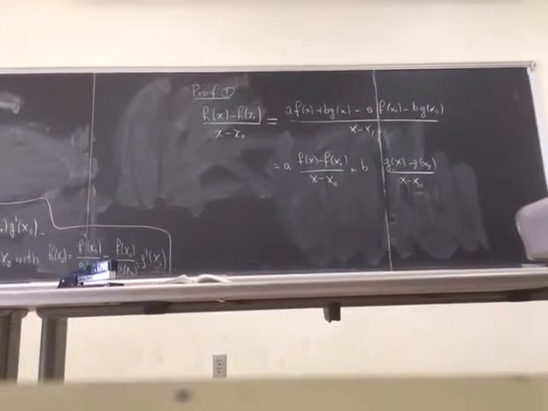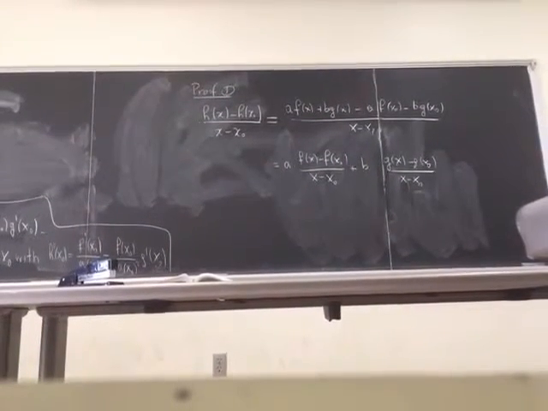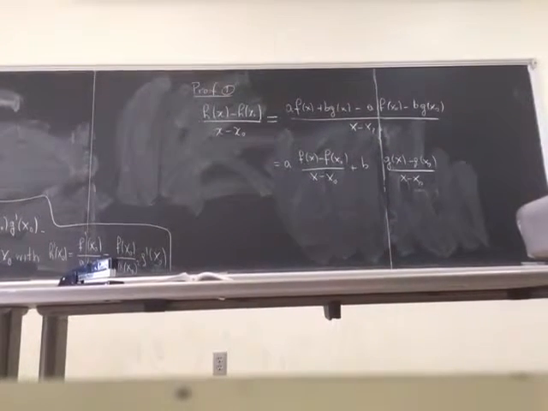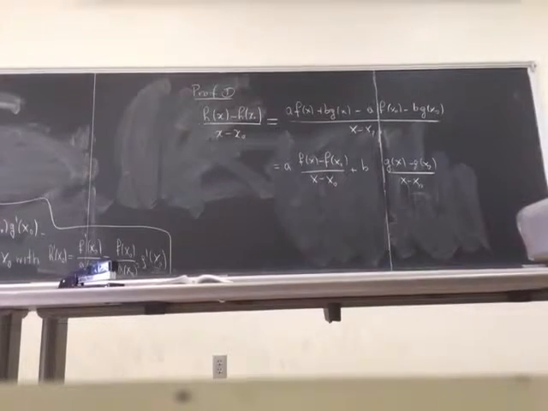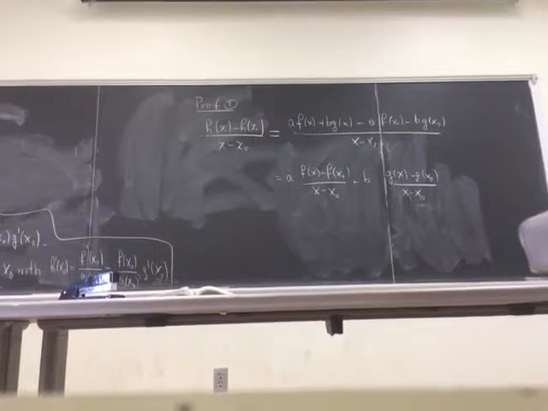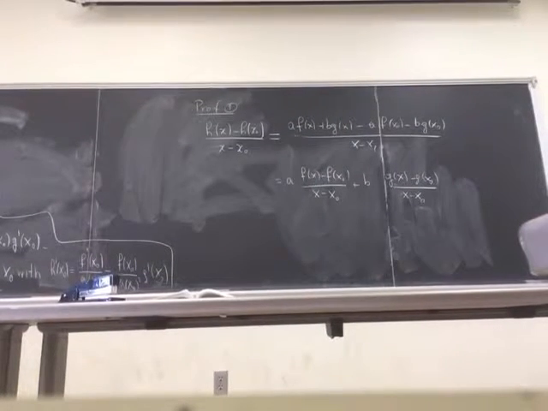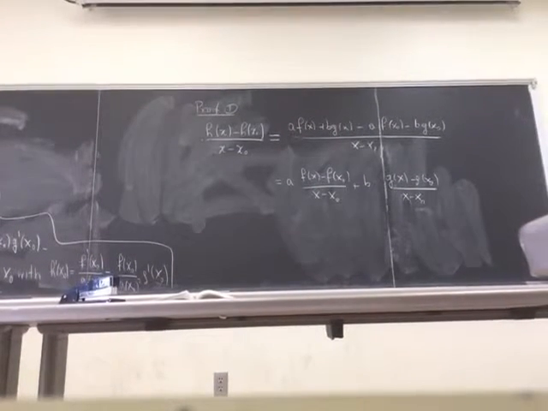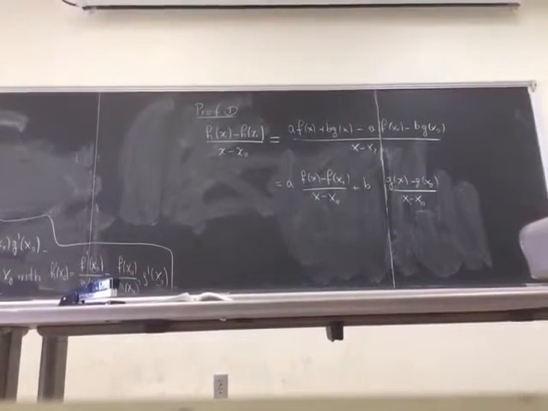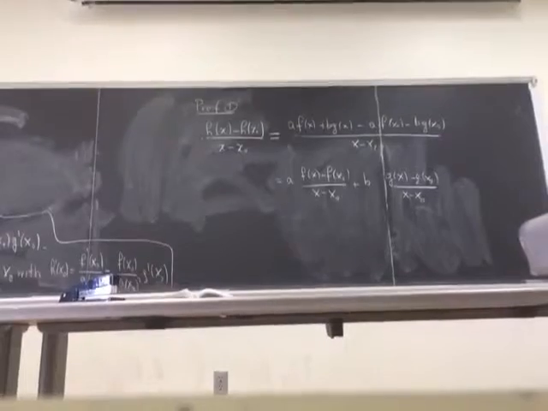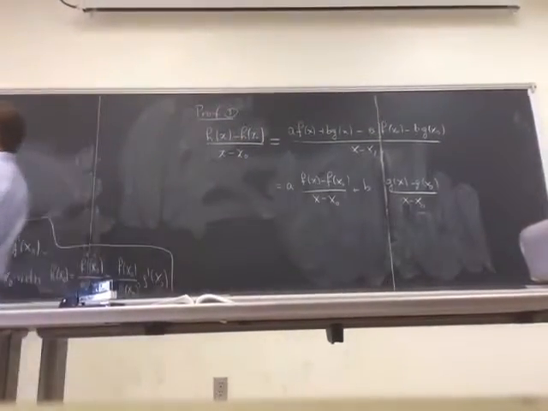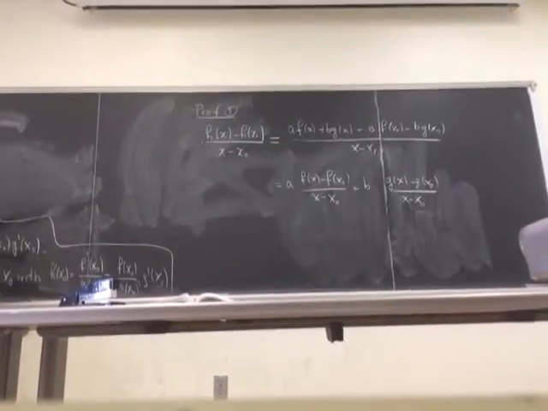I'm just factoring out an a from the terms that are multiplied by a, and I'm factoring out a b from the two terms that are multiplied by b. So there's not so much happening here. As x goes to x naught, the incremental ratio of f at x naught converges to f prime of x naught, because remember, our assumption is that f and g are both differentiable functions at point x naught.